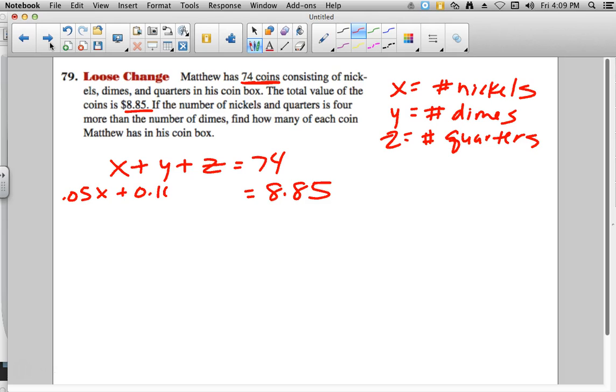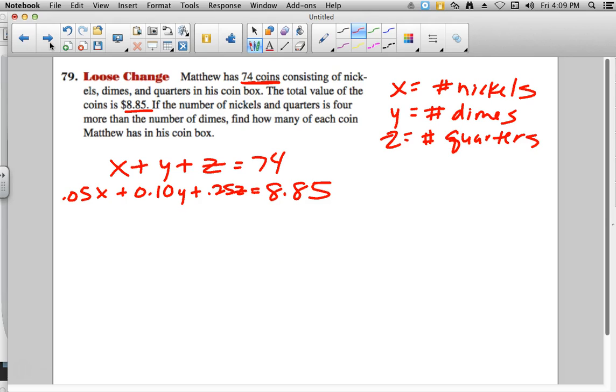So we need to write this in decimal form, or things are not going to work out well for us here, because all of our right sides of this equation are in dollars and cents. So we have to stay with dollars and cents as we write our equations. Unless we want to change the dollars and cents into pennies, but smaller numbers are probably good here.